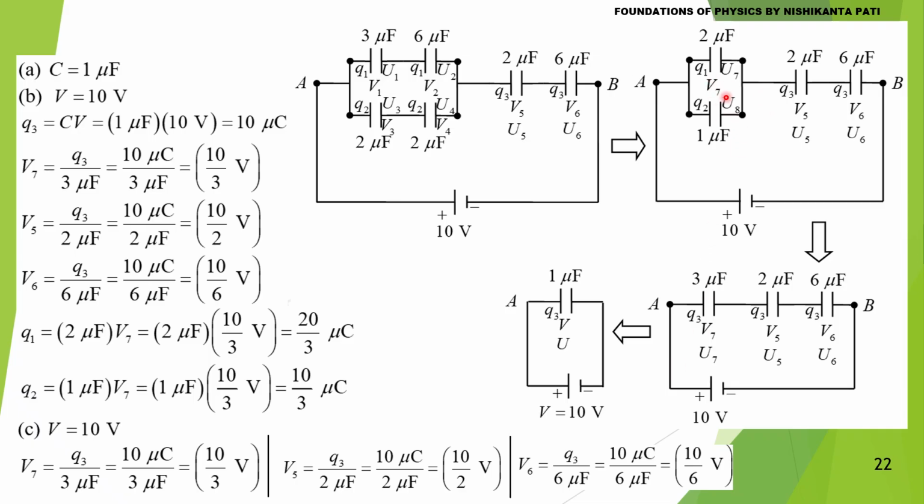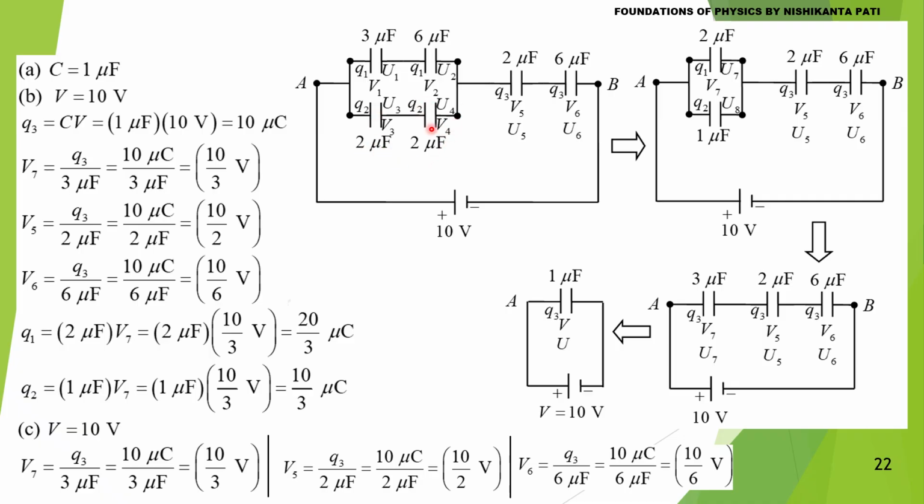So solving V7, Q1 is CV, Q2 is CV. So Q1 we found, Q2 we found. Then V1 is Q1 by 3 microfarad. V2 is Q1 by 6 microfarad. V3 is Q2 by 2 microfarad.